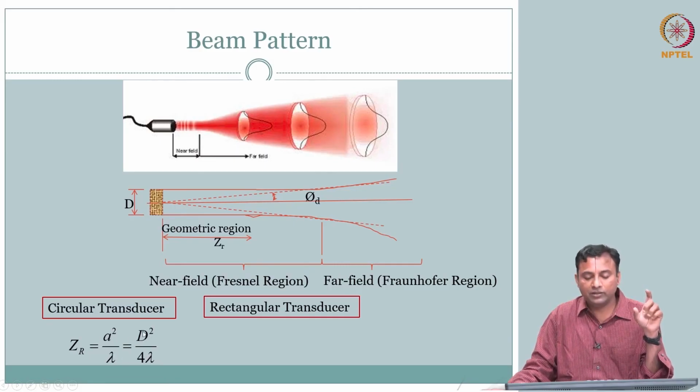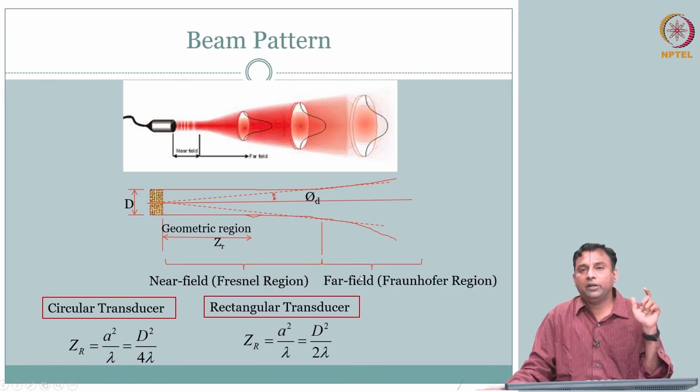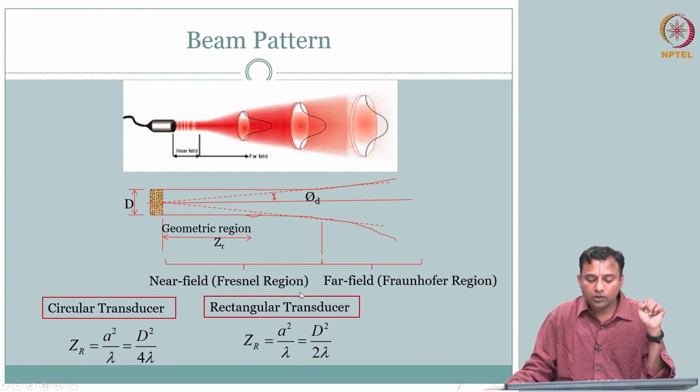This is radius, so ignore that, d is the diameter. So d square by 4 lambda. If it is going to be a rectangular transducer, then you can have d square by 2 lambda. The textbook goes on to deal with the rectangular transducer, right?